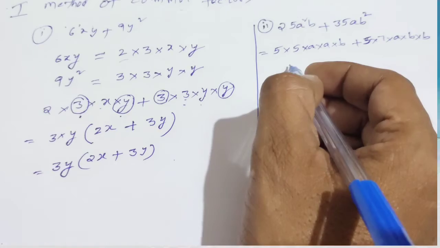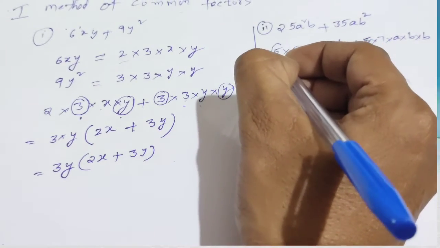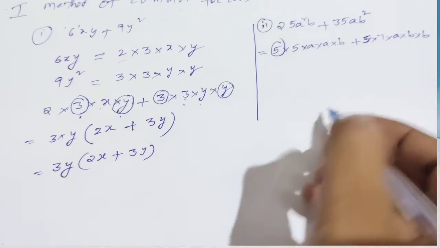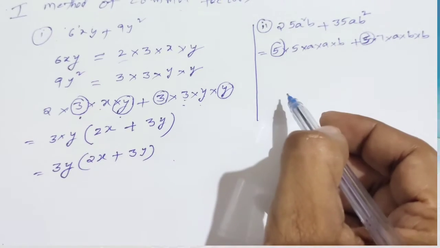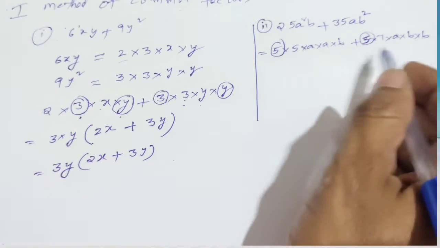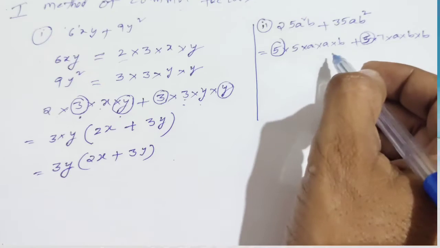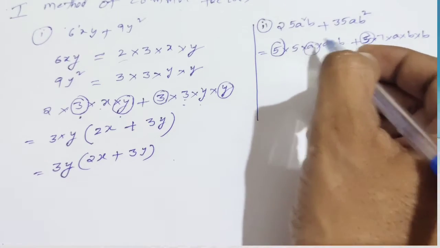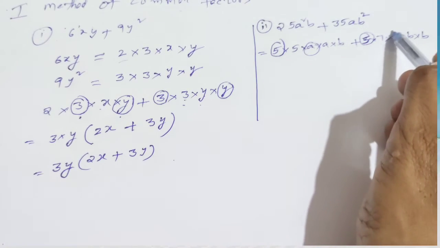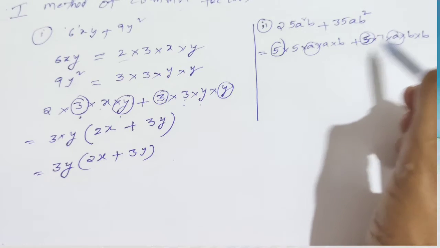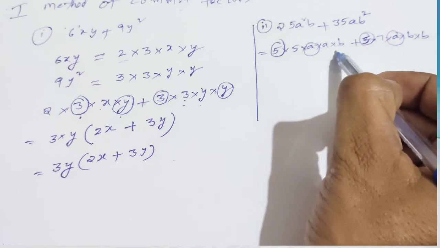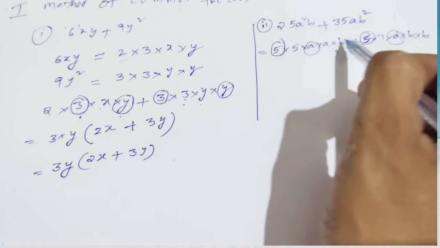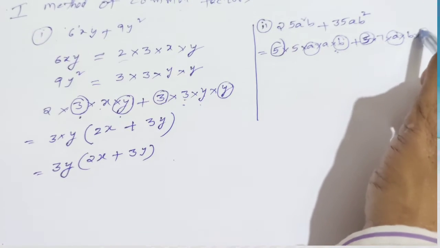Now again round the common factors: 5, 5. In both of these again a and here a. Now again here b, b.